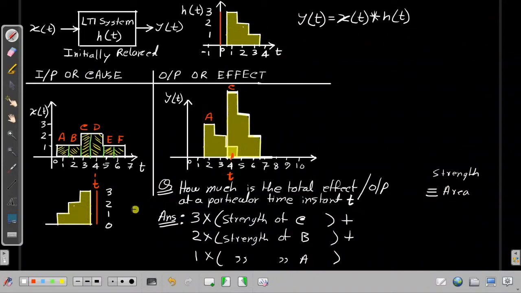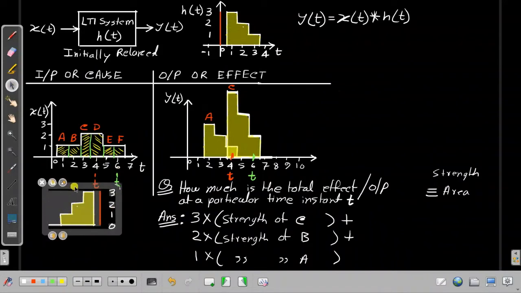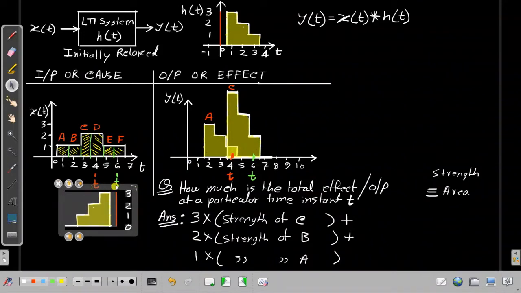Now suppose I want to calculate the total effect at a different point, maybe here. Suppose now this is the time instant where I want to calculate the total effect. So that point is here, and to calculate the total effect at this point, all I have to do is to move this pattern here directly below the point of interest.